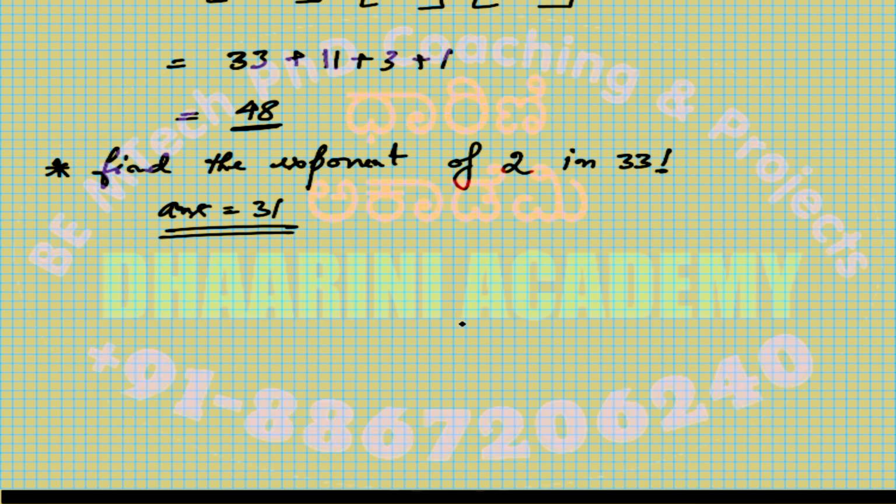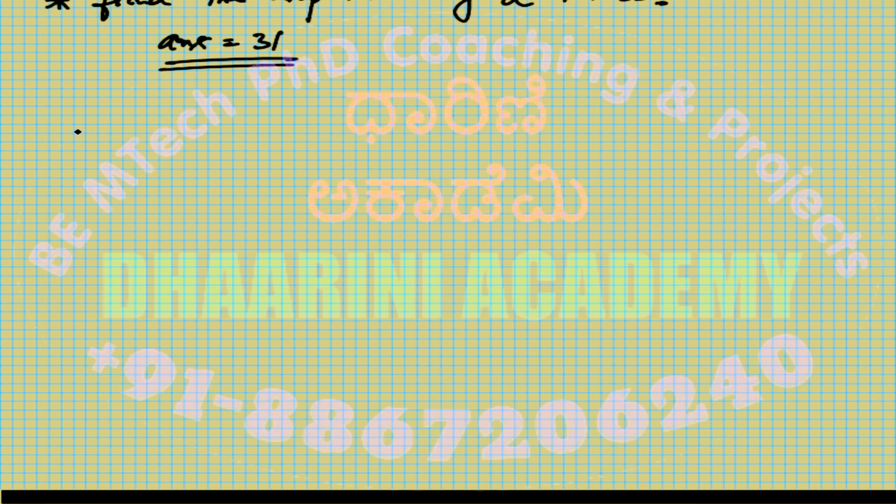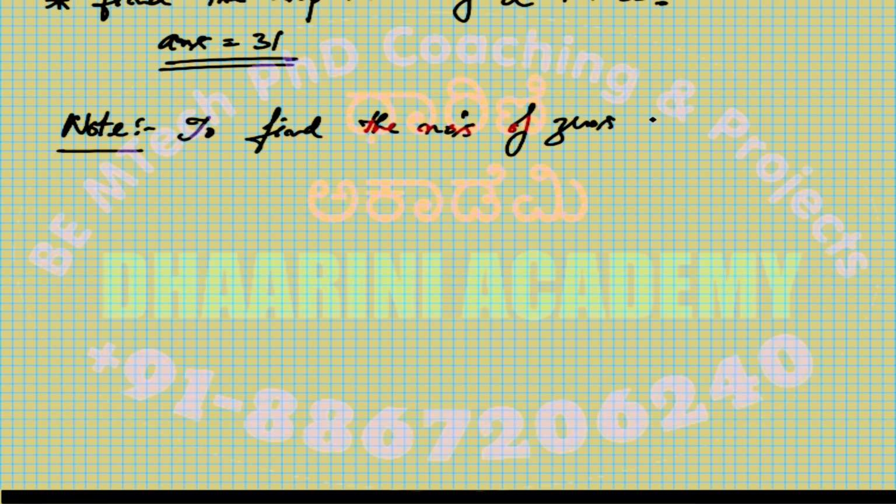Then we have another concept that is related to this. This is a note. We use this note to solve some other type of questions. So here, this is to find the number of zeros at the end of n factorial.